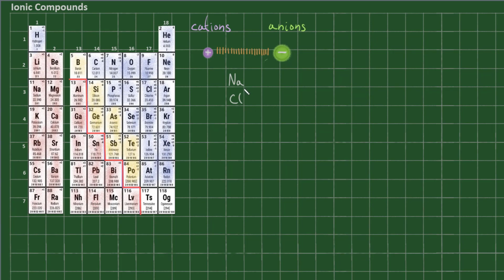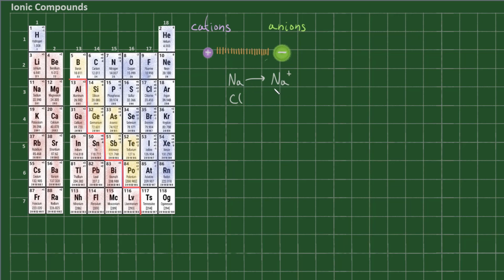What do we know about sodium? Sodium is a metal that will lose or donate an electron to give a sodium cation. So I will go from sodium to sodium cation. However, I have also said that for this to happen, the sodium atom on the left needs to lose an electron.